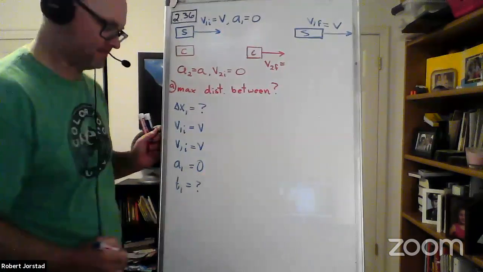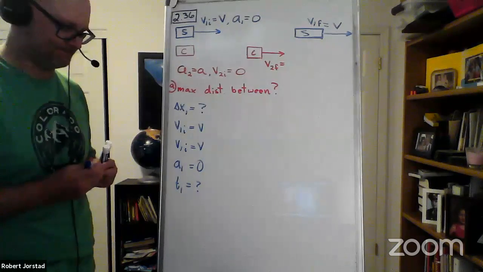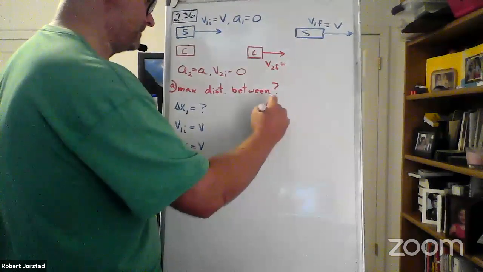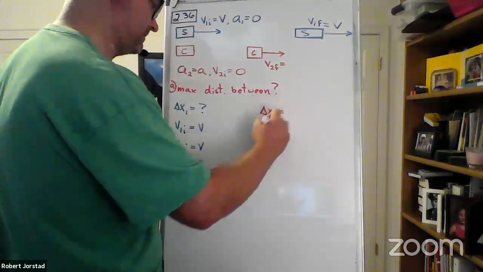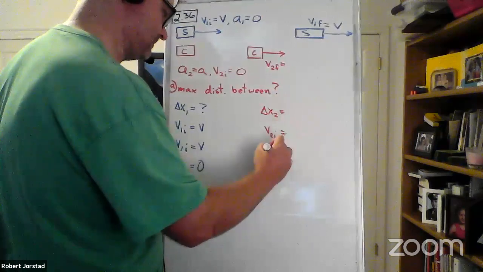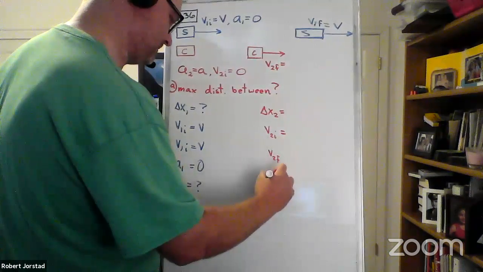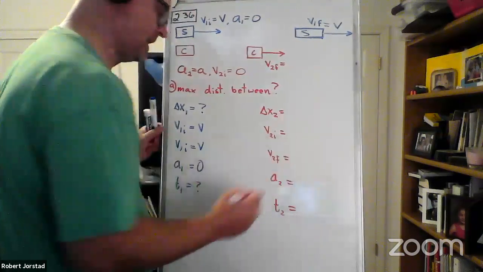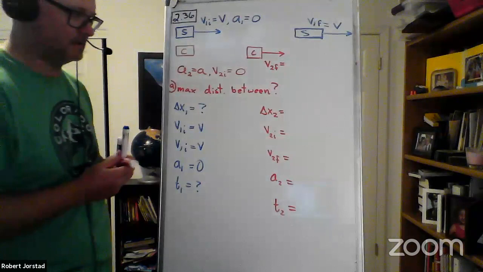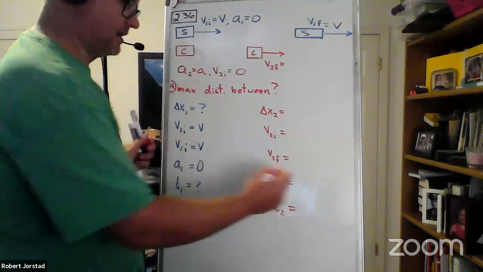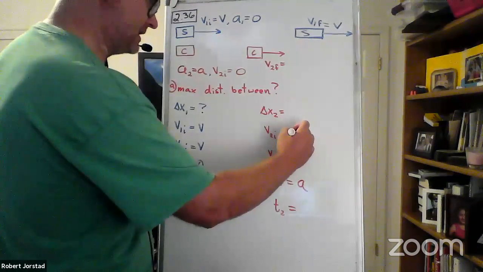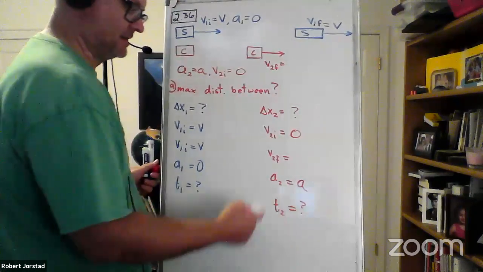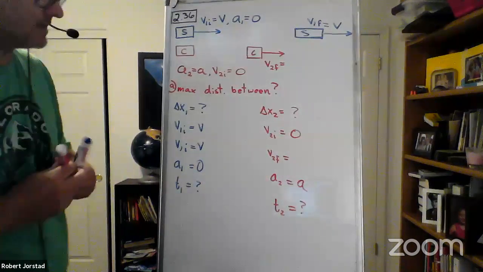I don't know that. Not looking too good. I'm going to come over to here. It's a little sloppy, but here I know that this is A. I know that this is 0. I don't know this. This is not looking good. I don't know this. Do we know V2 final? Is that given to us?